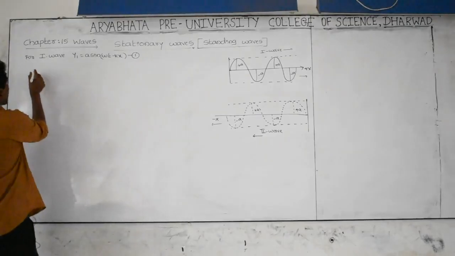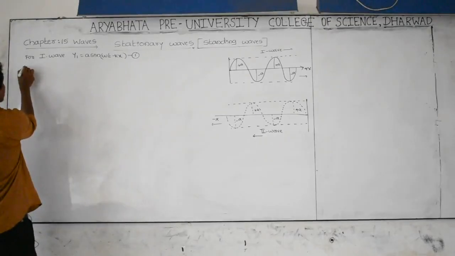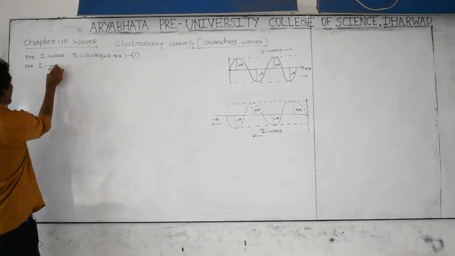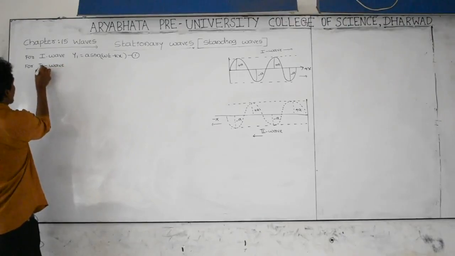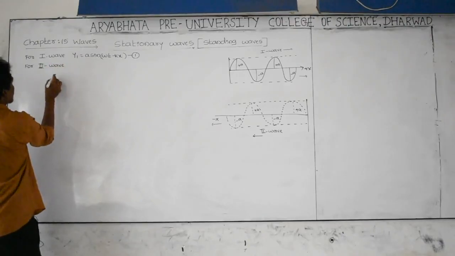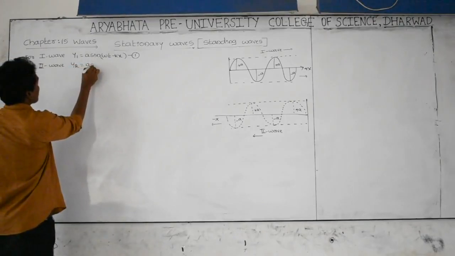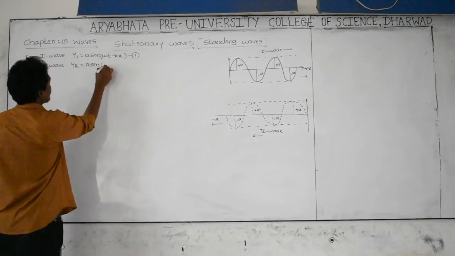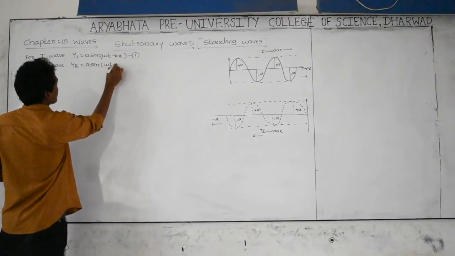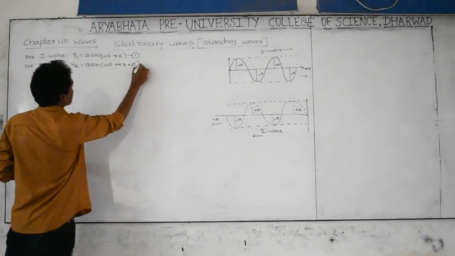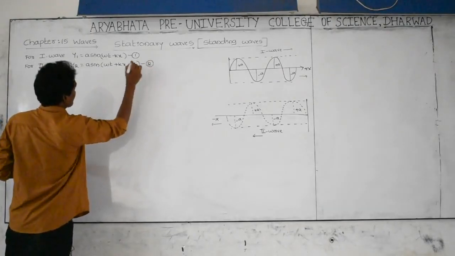For the second traveling wave, or progressive wave, the displacement equation is y2 is equal to a sine of (omega t plus kx plus pi). I am taking one extra term. Let us take it as equation number 2.